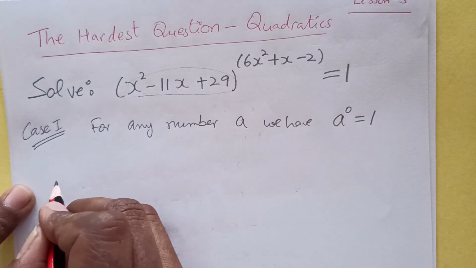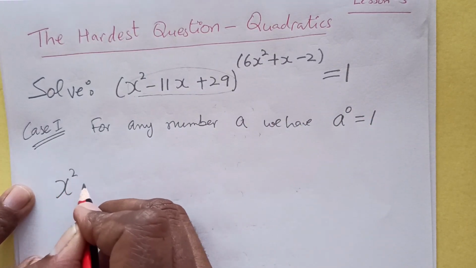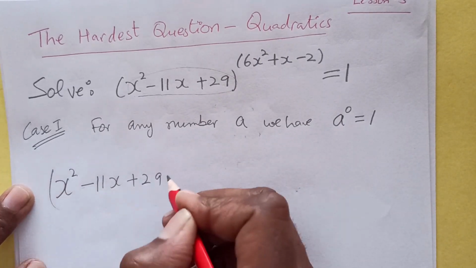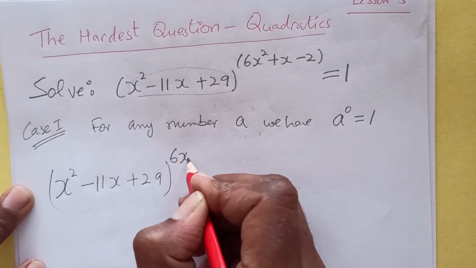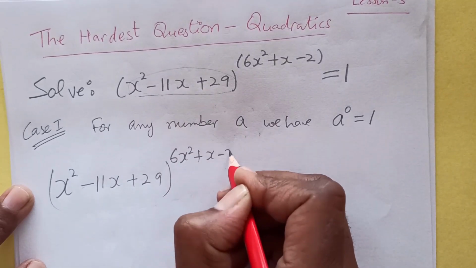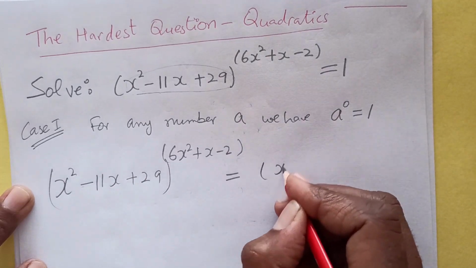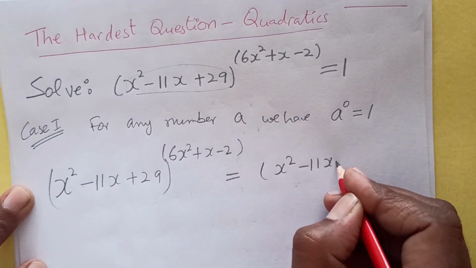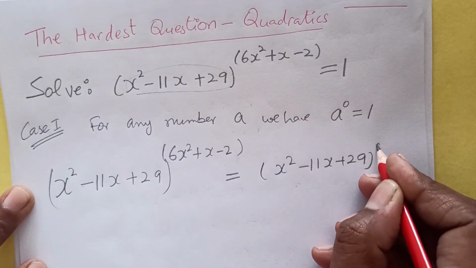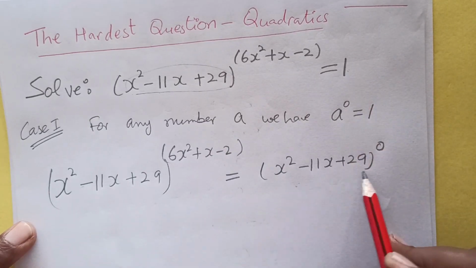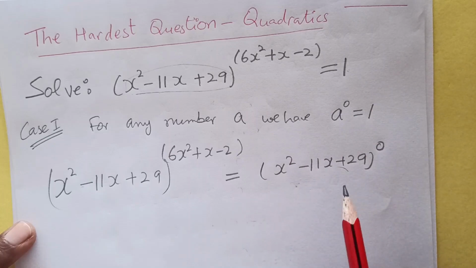We can write it down as (x squared minus 11x plus 29) power (6x squared plus x minus 2) equals (x squared minus 11x plus 29) power 0, right? So we have replaced 1 with this, because the answer of this is going to be 1.